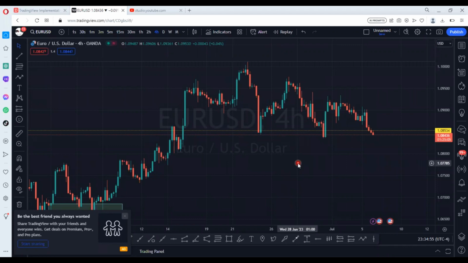So the validity of every high and every low is dependent on a higher time frame. For instance, this is a low. You see that this low is very sharp. It's very, very sharp.